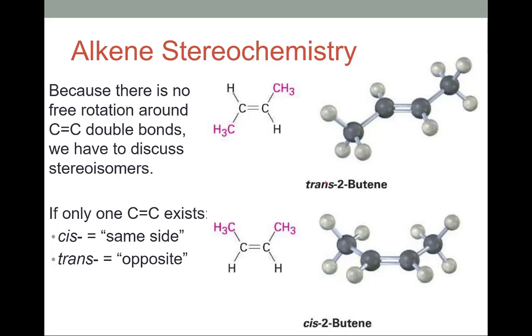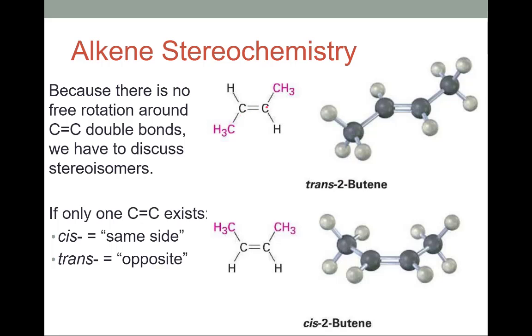We studied conformations, but we said that, butane, for instance, because all the bonds are single bonds, it can rotate freely, and so we don't have to talk about whether it's a staggered or an eclipsed conformation because that's a temporary 3-dimensional arrangement. Alkenes now, we have no free rotation here with a double bond, right? Remember that pi electrons are above and below the plane of the atoms, and so that's limiting our mobility, our rotation around that central bond, around the double bond.